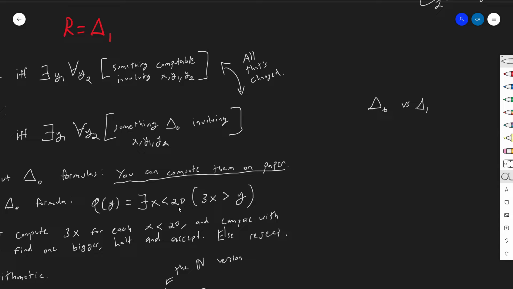Whereas with these delta 0 formulas, I will never have to say, while something that I don't know when it will end, do something. I will always be able to use for loops, essentially. I will always be able to say, do this exactly up to this point and no further. That's the difference between delta 0 and delta 1, and that's the difference between primitive recursive and recursive.